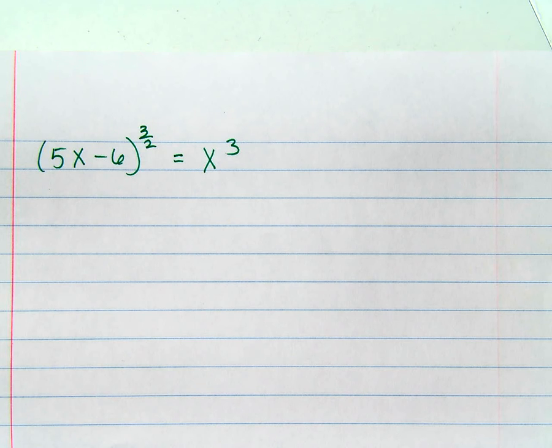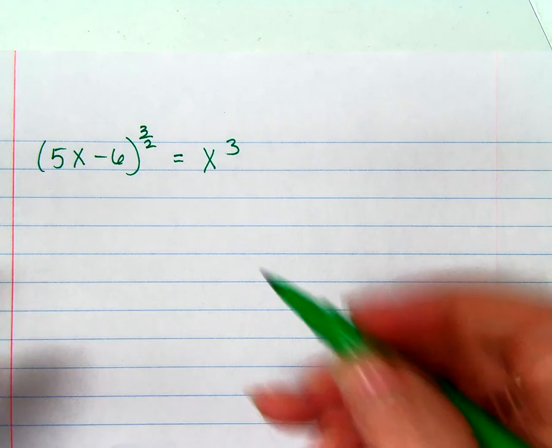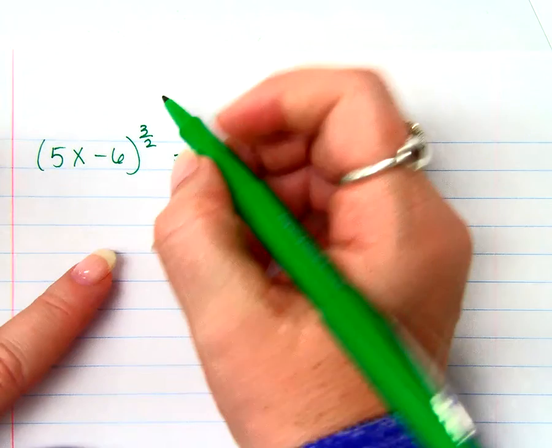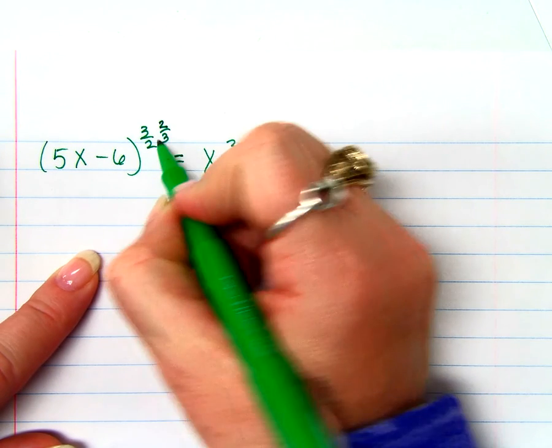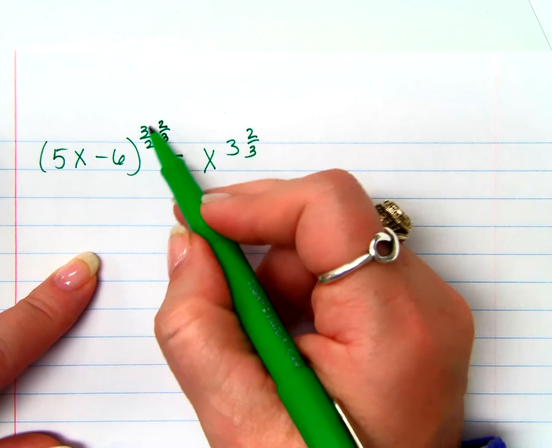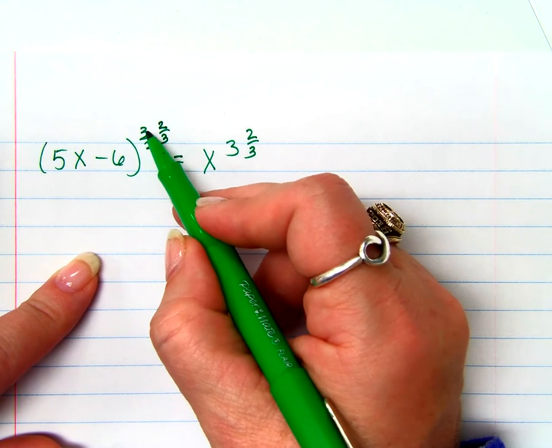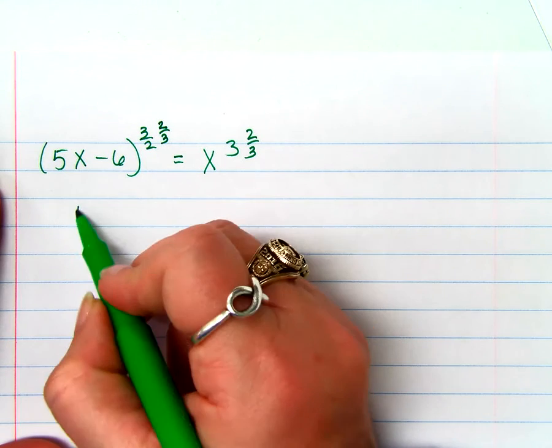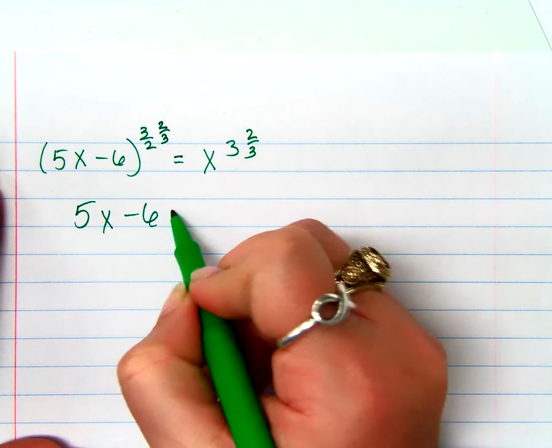No, it's not. What do you want to do? So you want to multiply by the reciprocal, right? You want to multiply the exponent by the reciprocal. Wait, which exponent? Oh, both of them, right? You want to multiply both exponents by 2 over 3, like that? Because what happens to this exponent on this side then? Yeah, if we multiplied it out, I'd get 6 over 6, which is 1. So all I have left on that side is 5x minus 6.